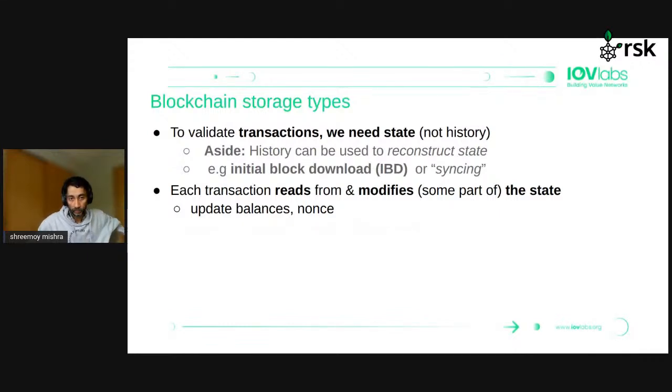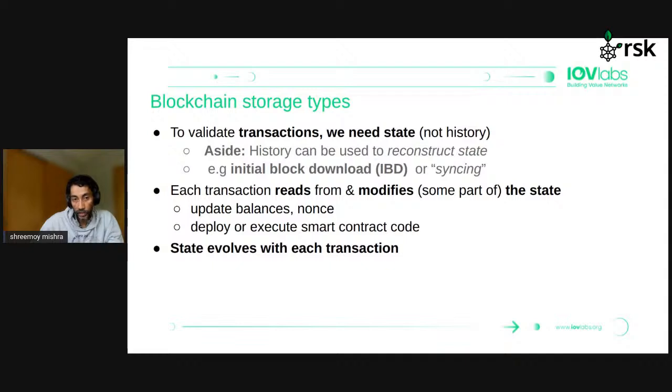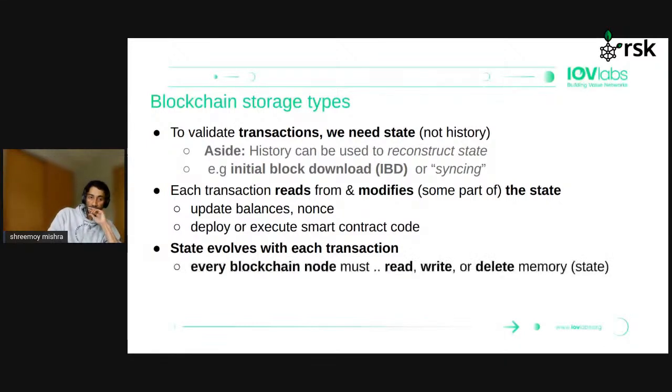So what we are after is this impact of state changes on a node's performance, because the state is evolving with every transaction, and the limitations on transaction processing, transaction verification, everything depends on how fast we can do these things, reading from state and writing to state.